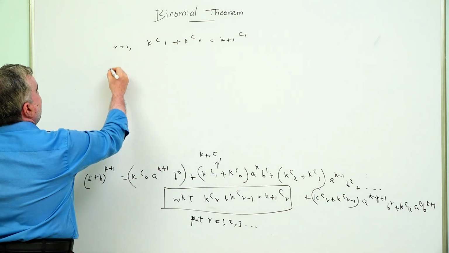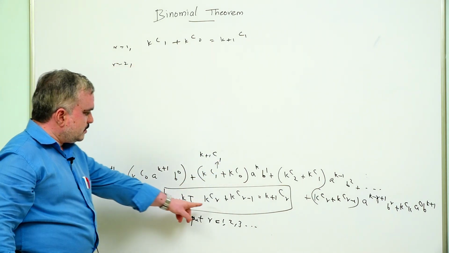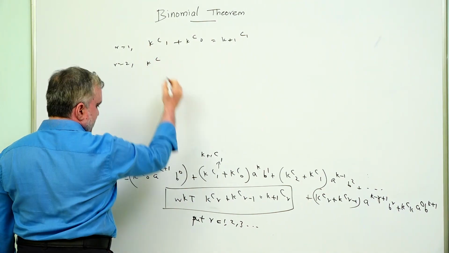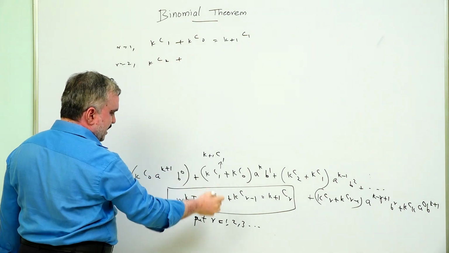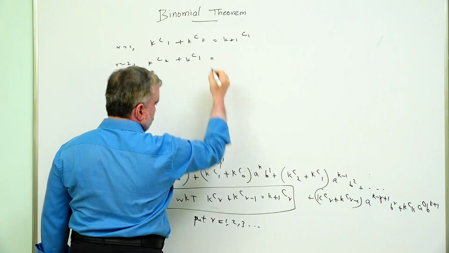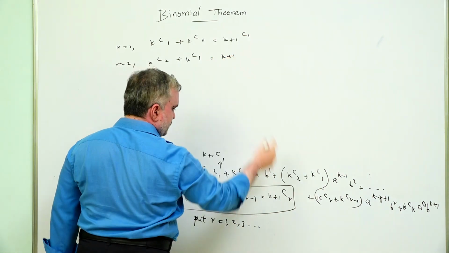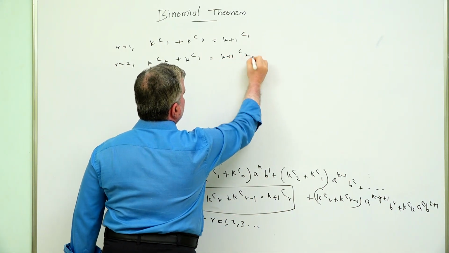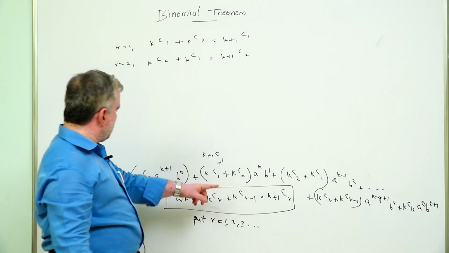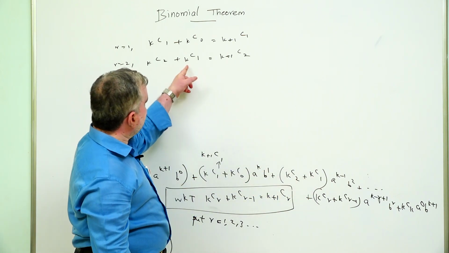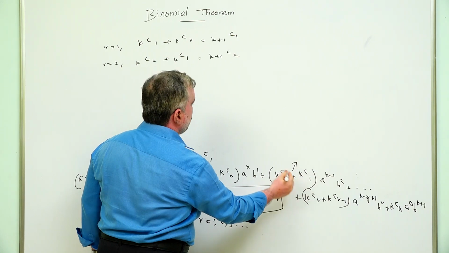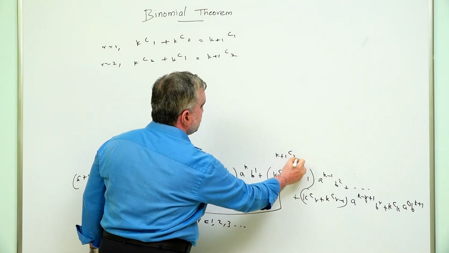Then when r equal to 2, we get kc2 plus kc1, which equals k plus 1 c2. Here we apply the value kc2 plus kc1 as k plus 1 c2.